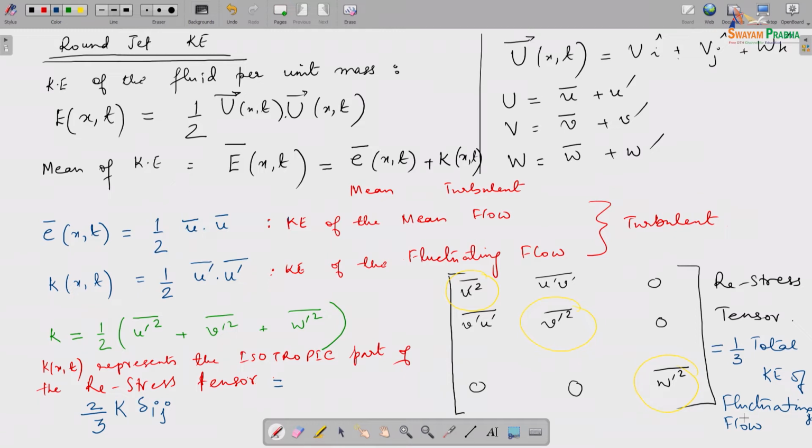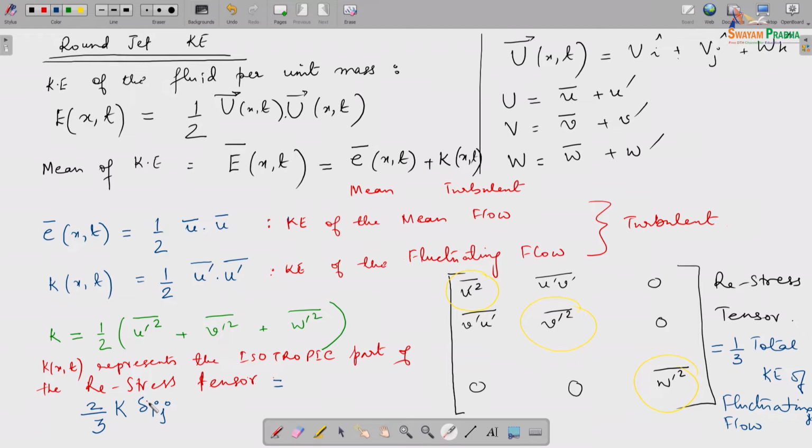Therefore, if I multiply this by 2 and by 1/3, and this is the Kronecker delta, if i is equal to j, then it becomes 1, which is what we will get here, and if not, then it becomes 0. So that's how I should be able to get these values. Essentially, it is 1/3 of the total kinetic energy of the fluctuating flow. So that is the relevance.